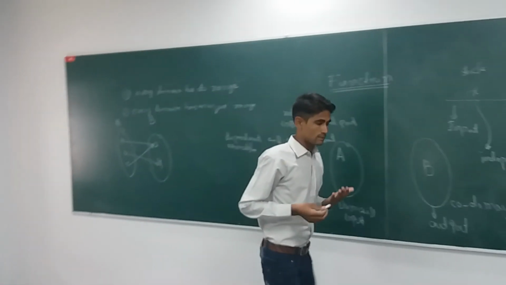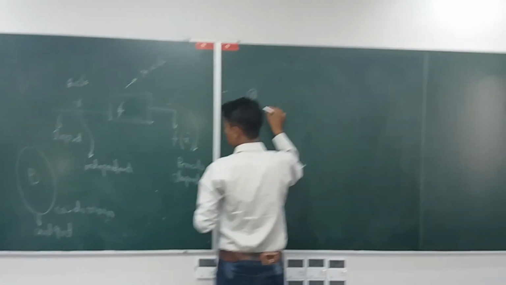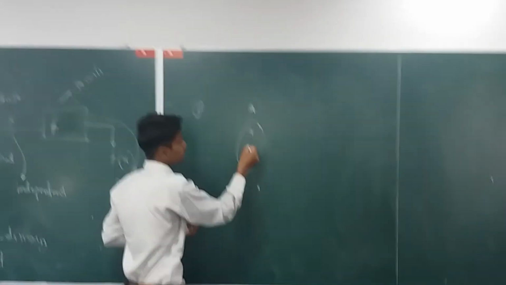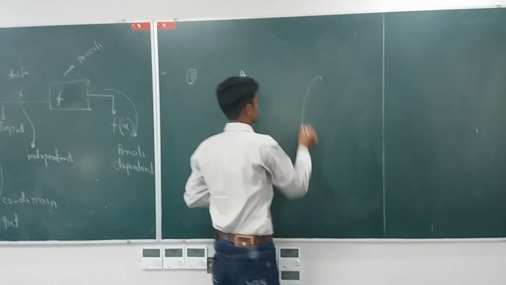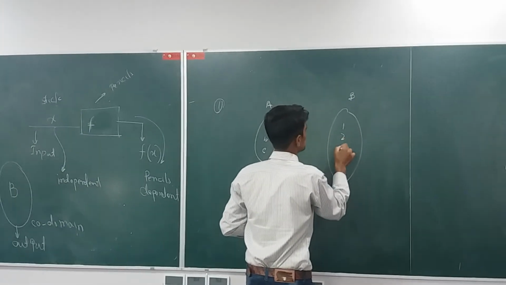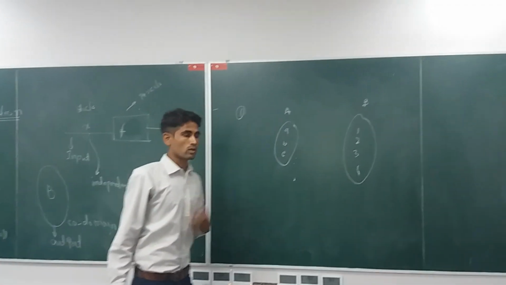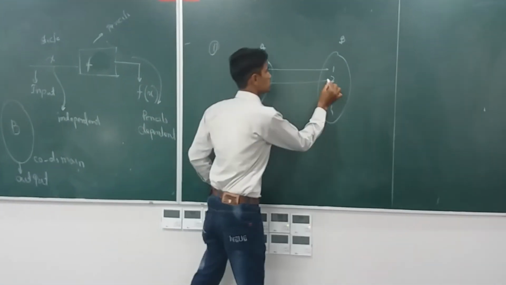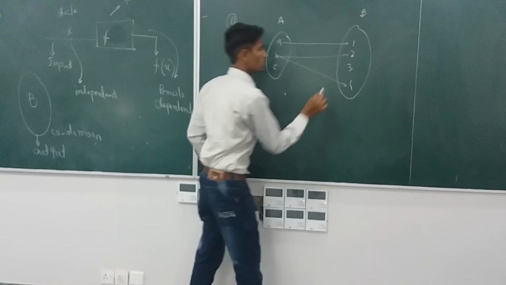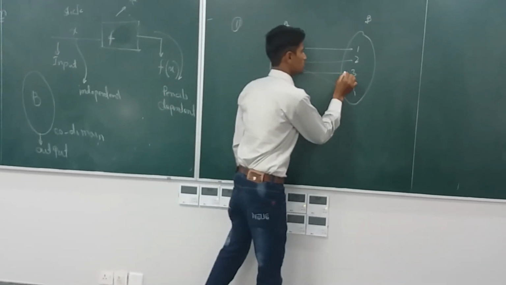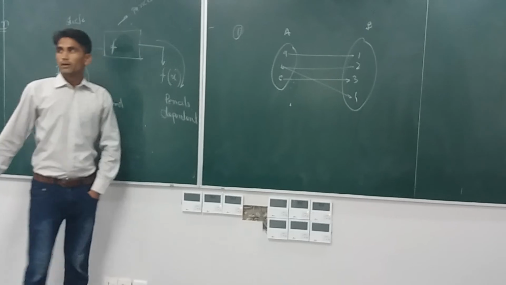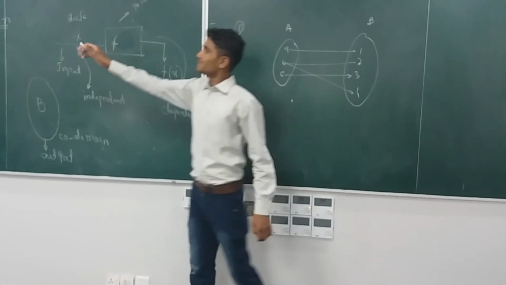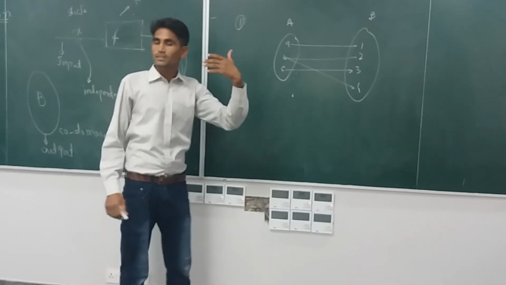Let's take another example. There are two sets, set A with A, B, C, and set B with 1, 2, 3 and 4. Suppose A relates to 1, B relates to 2 and also to 4, and C relates to 3. For a function, two conditions must be satisfied. Condition one: every domain has its range.